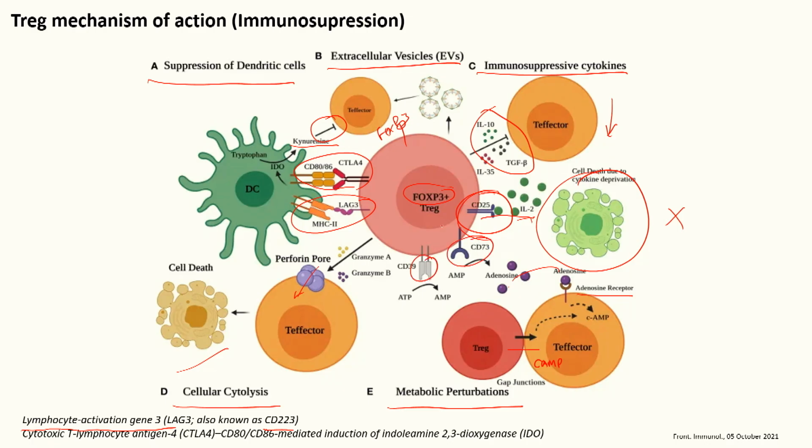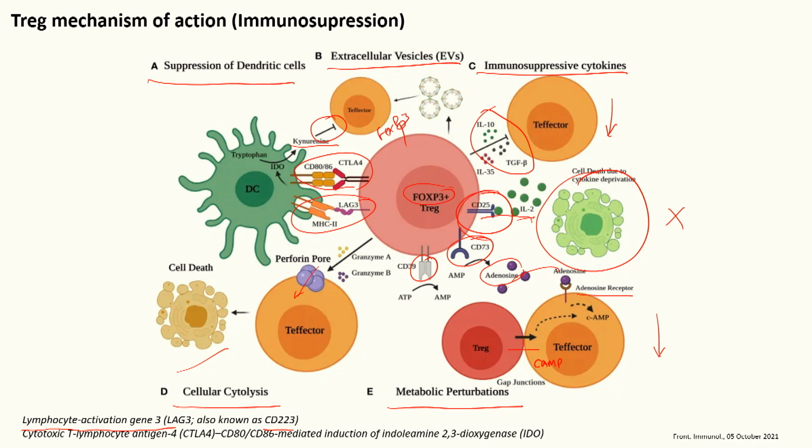The FOXP3 cell expresses CD39 and CD73, which convert adenosine triphosphate to adenosine monophosphate, and adenosine monophosphate to free adenosine. This adenosine can bind to the target cell, leading to T cell immunosuppression. So these are some of the well documented, proven pathways which lead to T cell suppression by FOXP3 positive cells, called T regulatory cells.